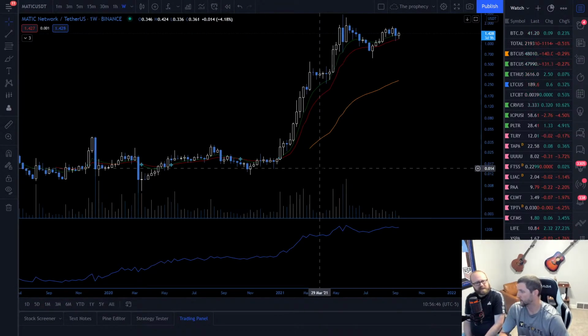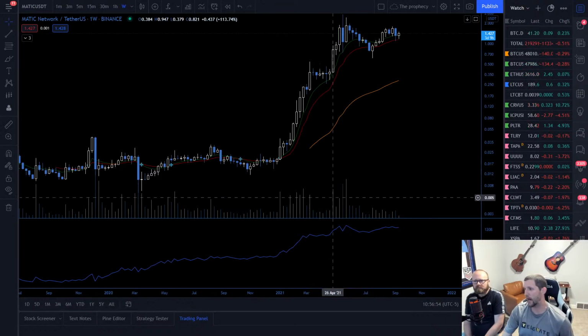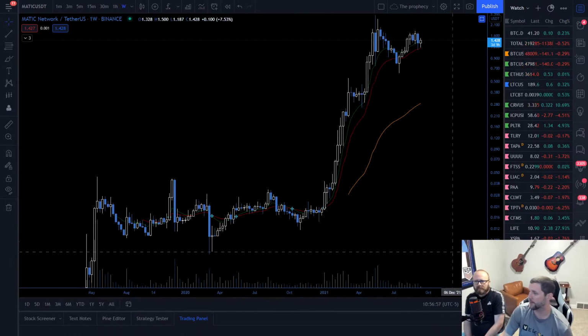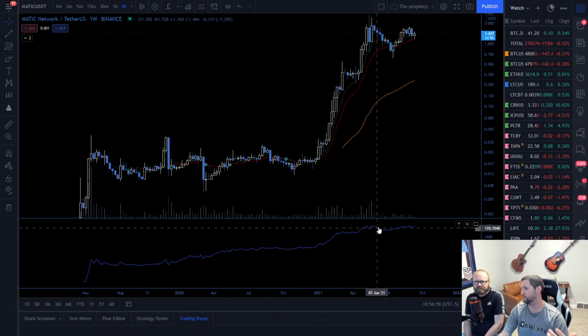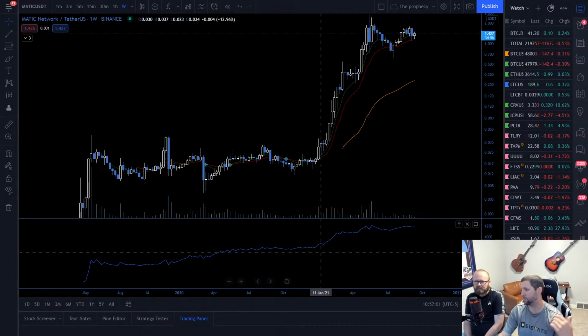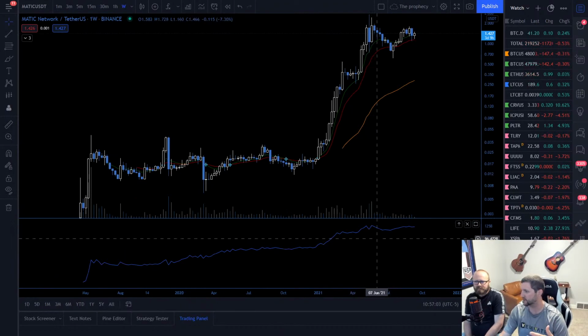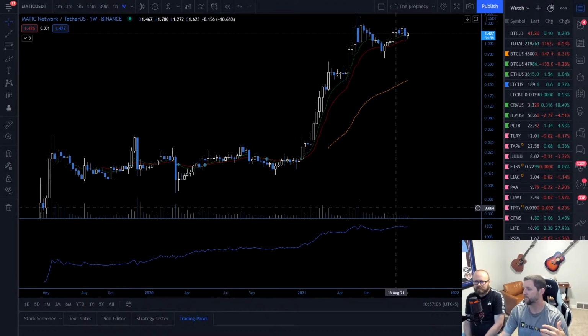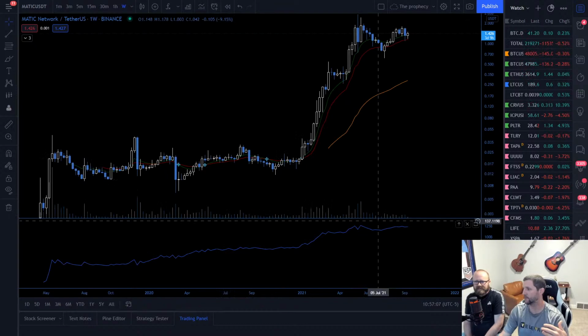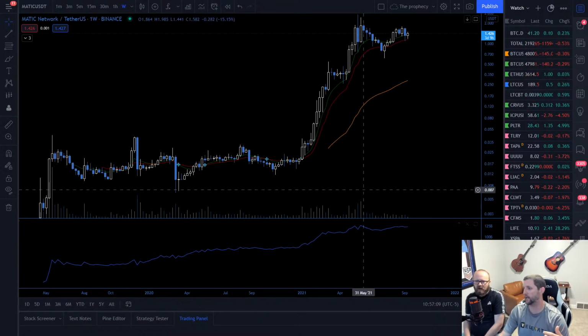OBV is basically reading the volume for you. It's basically putting it out into visual context. The line's so much easier to look at than all the tiny little lines.